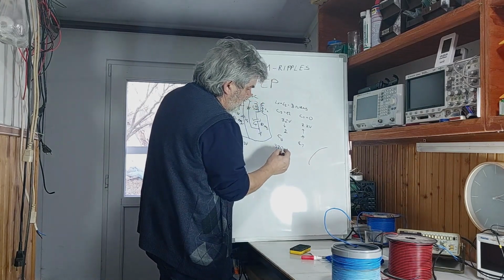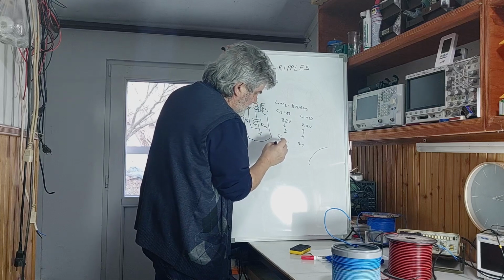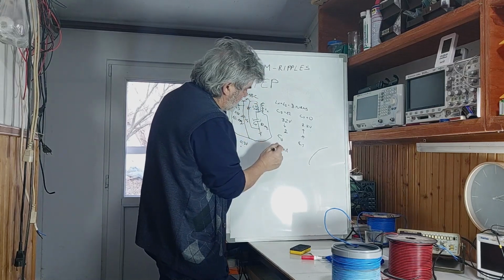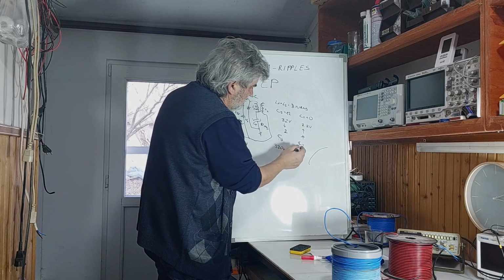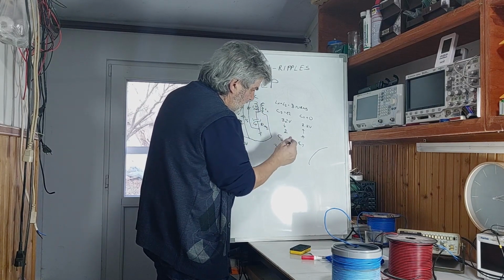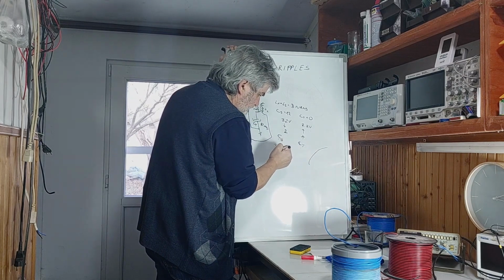So when I switch on for 1 second or 2 seconds, when I switch the circuit with 330, then I collected more gain at the beginning in the target capacitor.